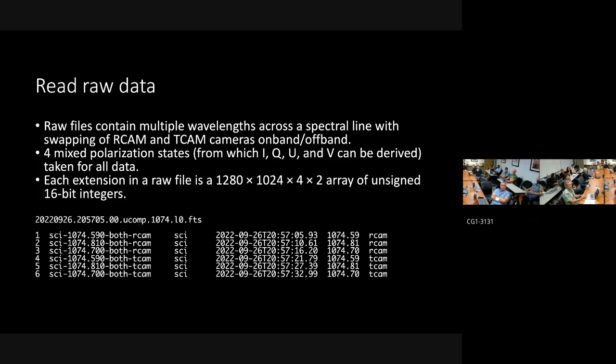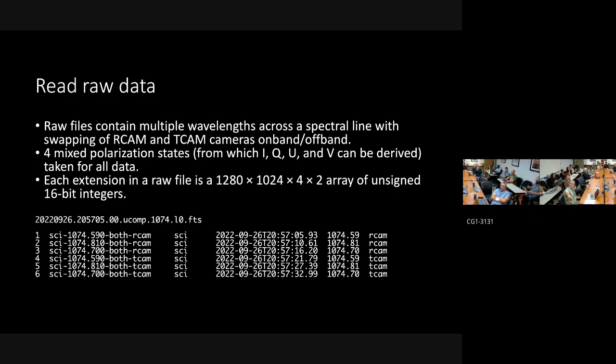So a waves file is basically a minimal observation in order to be calibratable, right? For the 3 wavelengths, you have to have one image where RCAM is on band and one where TCAM is on band, so that you can do all the subtractions that you need to do.